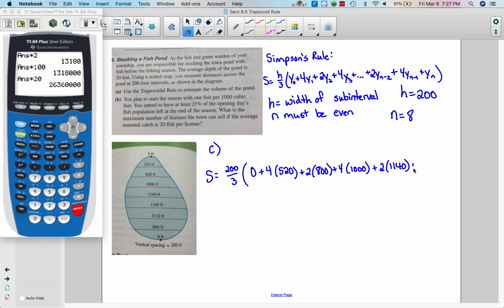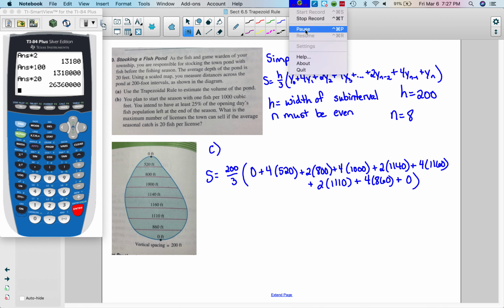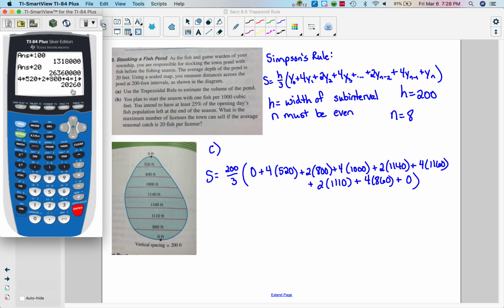I'm going to kind of list these all out since they're changing. So where am I at? 4 times 1160 plus 2 times 1110 plus 4 times 860, which is good because I was supposed to have 4 before the last one, which is just 0. Okay.